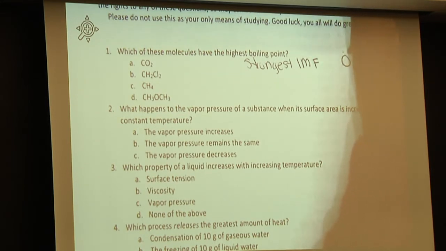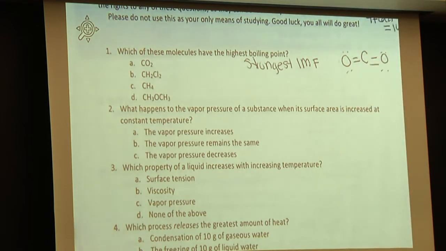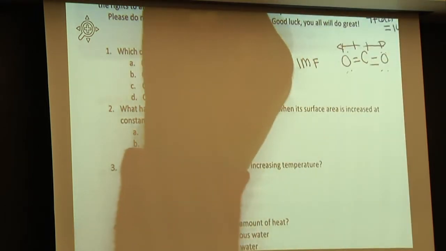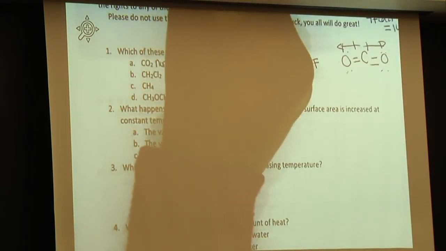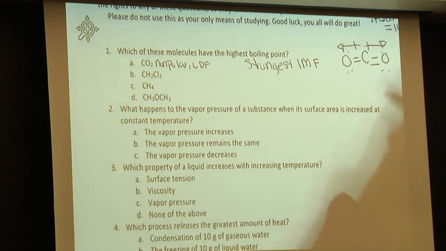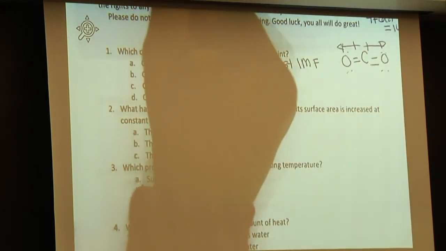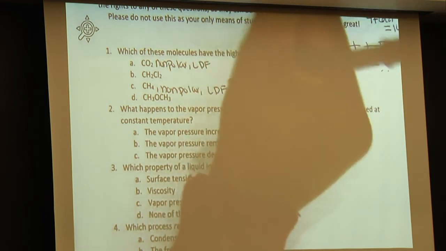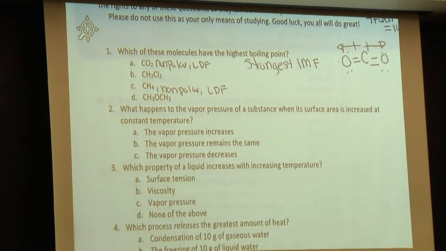So 2, 4, 6, 8, 10, 12, 14, 16. So this would cancel out, making CO2 nonpolar, and it has LDF. CH4 we know is nonpolar and only has LDF. We see that question a lot, so we should know what it looks like.